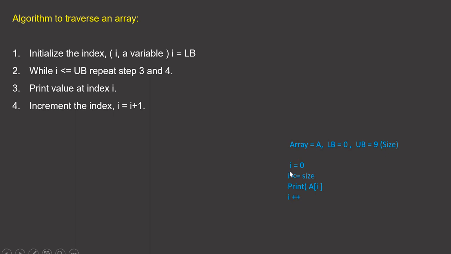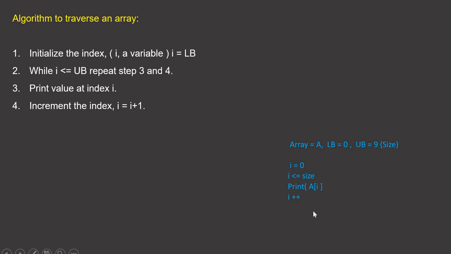I was 0, and if we put 0 here and size is 9, which is upper bound, I'm using the variable here. So this condition will be checked, and each time it is true, step 3 and step 4 are going to be executed. Let's say it was 0 and the value is 9, this condition is true, and what is going to happen?